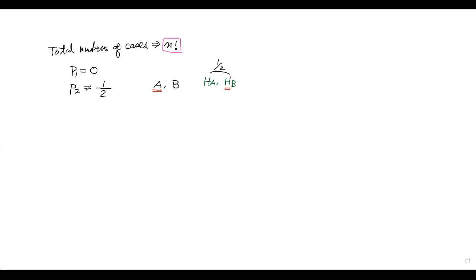Now let's take a look at P3. I have 3 people, A, B, and C, and 3 hats: hat A, hat B, and hat C. Let's say A starts to choose.